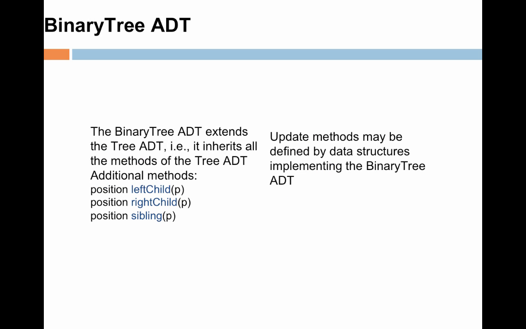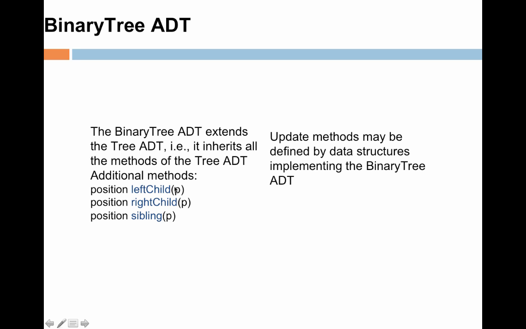What is a binary tree abstract data type? First of all, the binary tree abstract data type has all the methods and the properties associated with the tree abstract data type. Apart from this, it has additional position methods which tell you the left child and the right child.